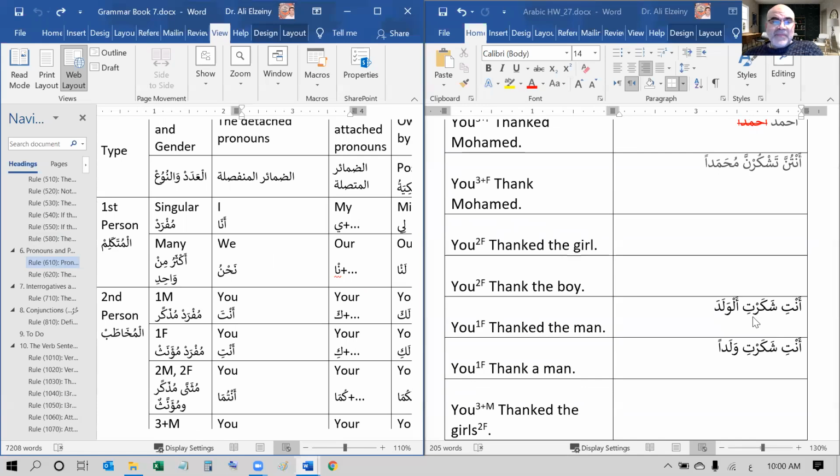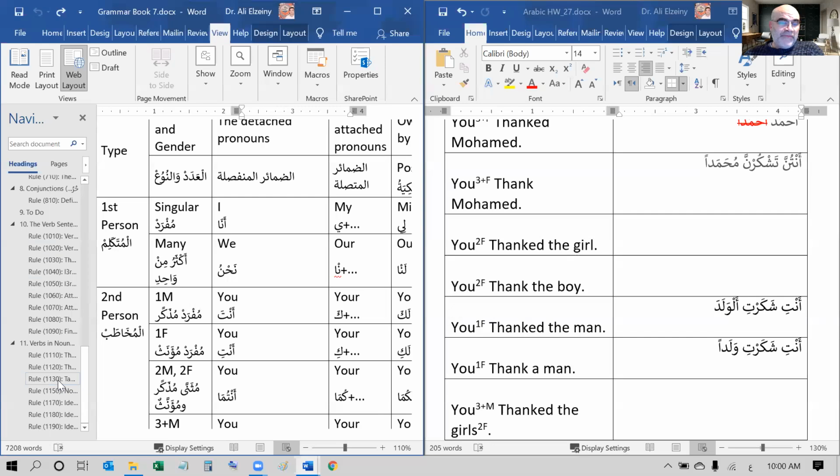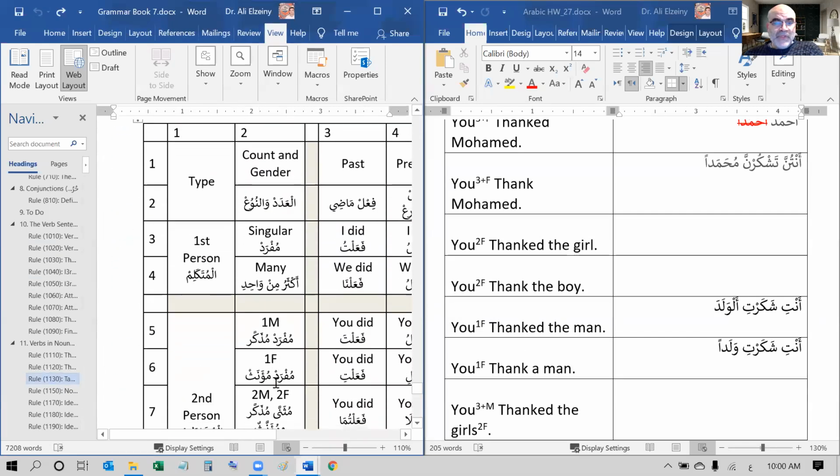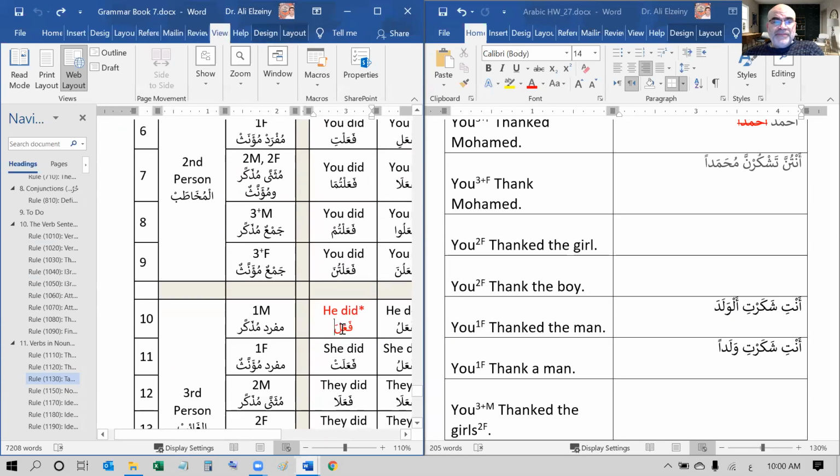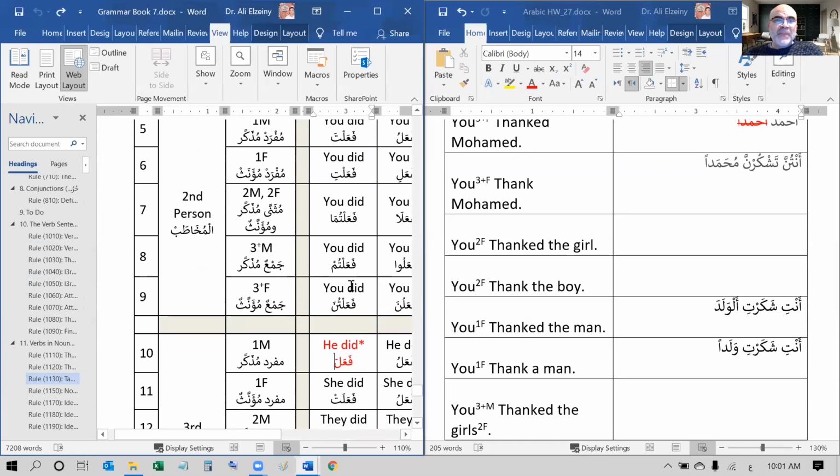Shakarti, we go to table 1130 to convert the verb. We have the root shakara. Now we want the 1F. You, which is a second person, 1F, one female.